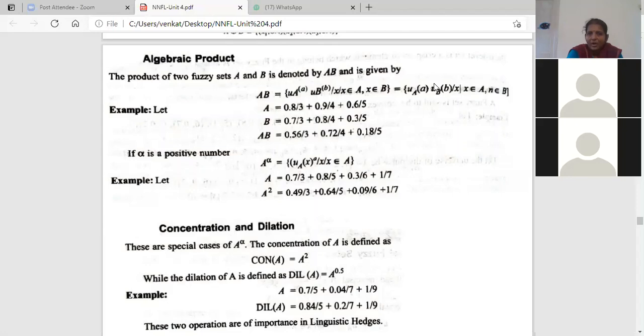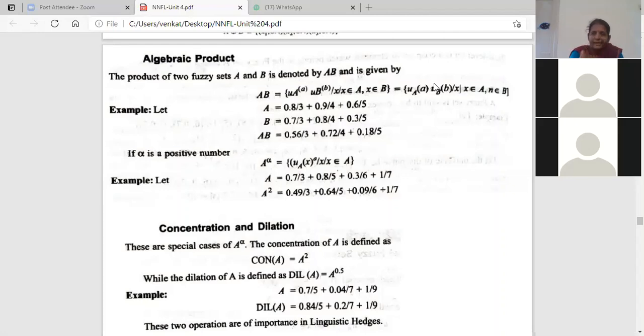So here A square, if you want to calculate A square, you are squaring your membership function value only, not touching the denominator value.